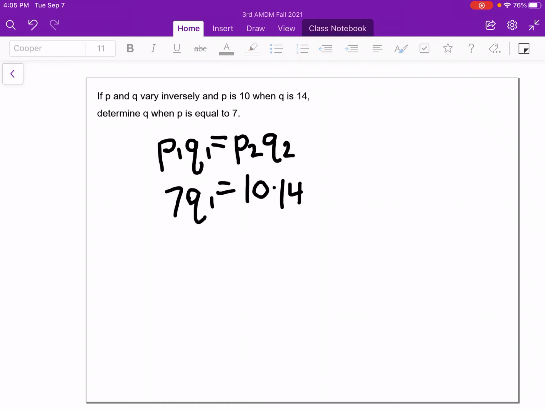Now, p and q vary inversely. So there was inversely proportional, and now we're looking at vary inversely. When you vary inversely, you end up with p1 q1 equals p2 q2.